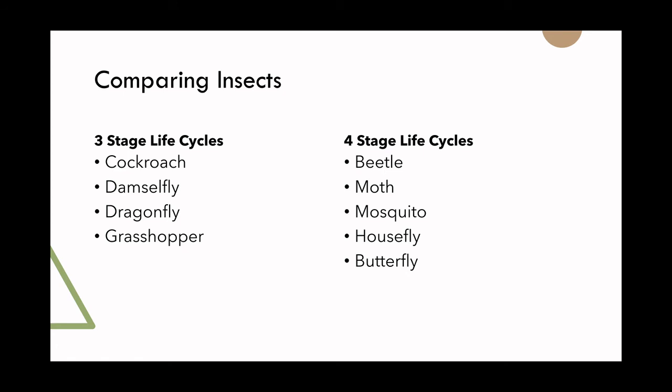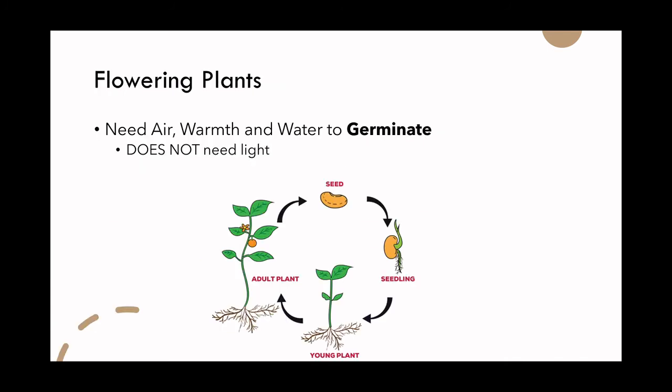On the left side, as you can see, these 4 are insects that have 3 stages, and the one on the right is an insect that has a 4-stage life cycle. So remember that if you can. In fact, you should. Memorize it.